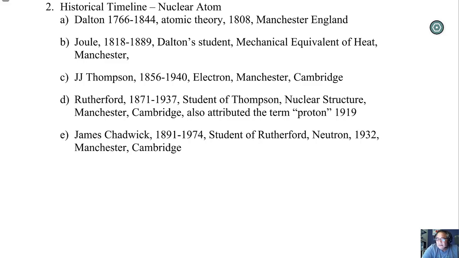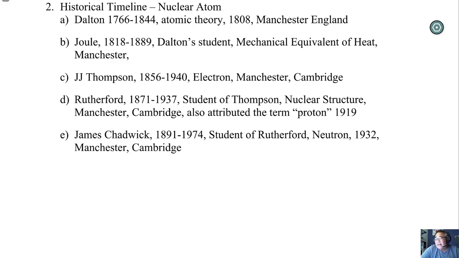J.J. Thomson discovered the electron, or discovered the properties of the electron. He didn't really know what they were exactly at that point. And that was, again, in the early 1900s. So there's 100 years there. And then Rutherford in 1919 began to propose the idea of atomic theory.